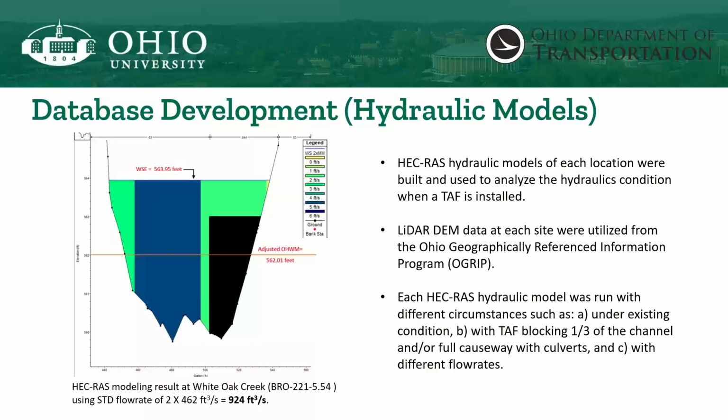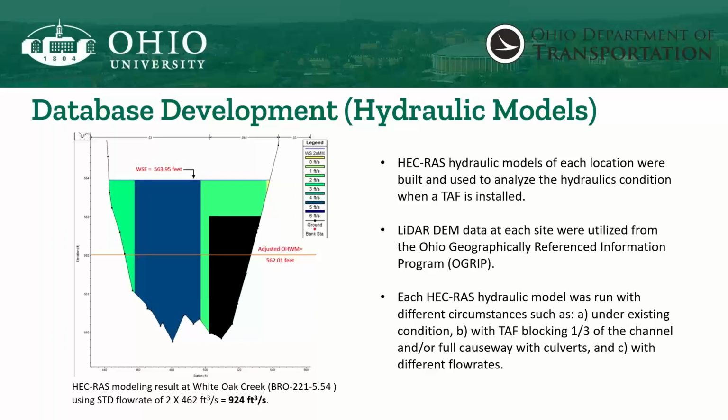We developed this model using LiDAR from OGRIP. Each model ran with several circumstances: under the existing conditions, meaning without the TAF being there, and with the TAF there, and also different recurrence interval flow rates, as well as the standard temporary discharge. So I'm going to show you an example here.